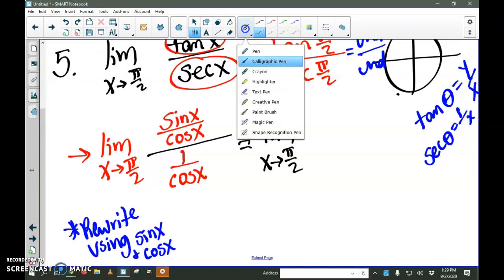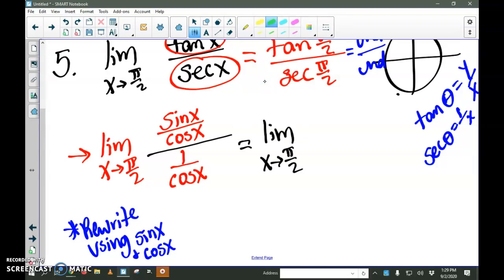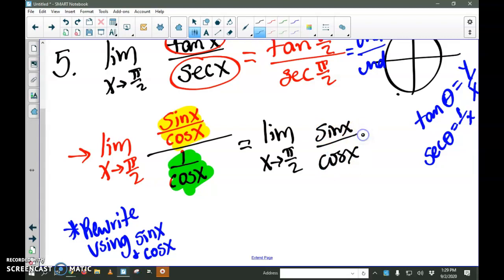And when I have a term, in this case sine x divided by cosine x, divided by another term, 1 over cosine, dividing by 1 over cosine is the same as multiplying, so I'm going to take this sine x over cosine x, and I'm going to multiply by the reciprocal of 1 over cosine.